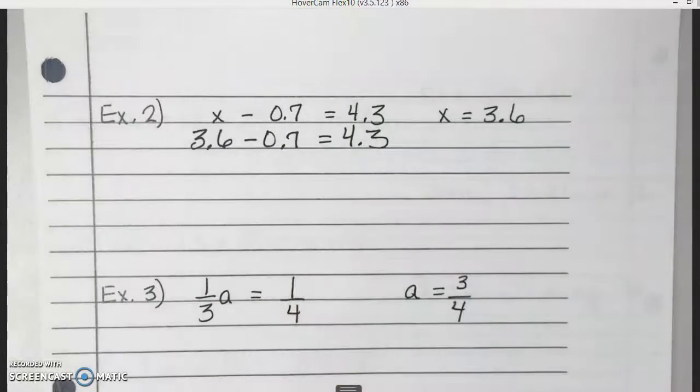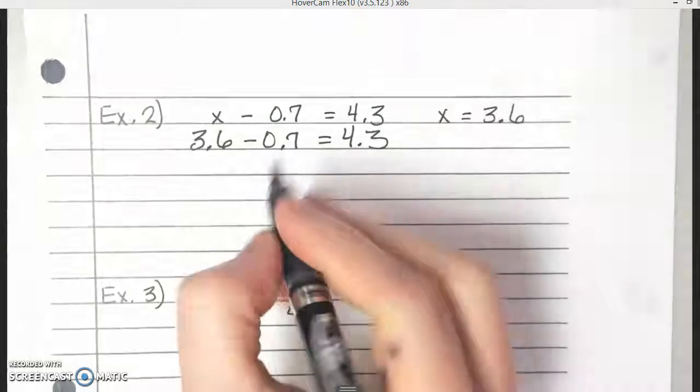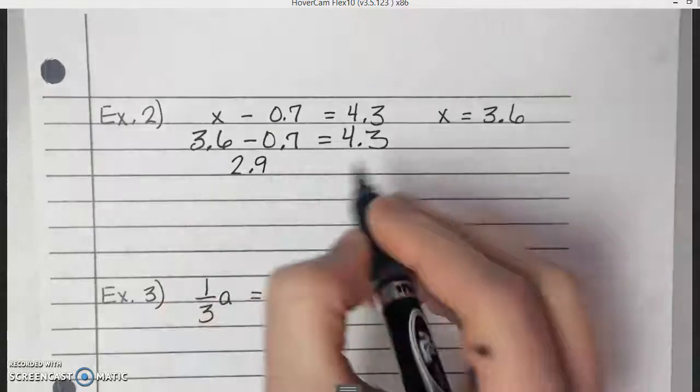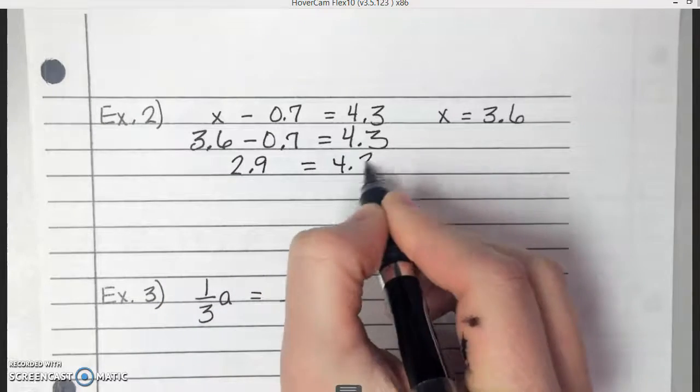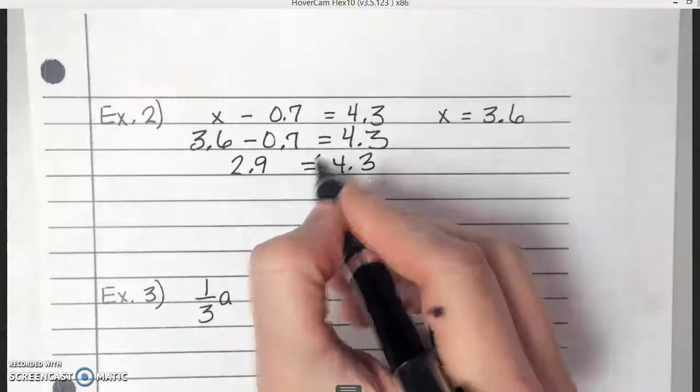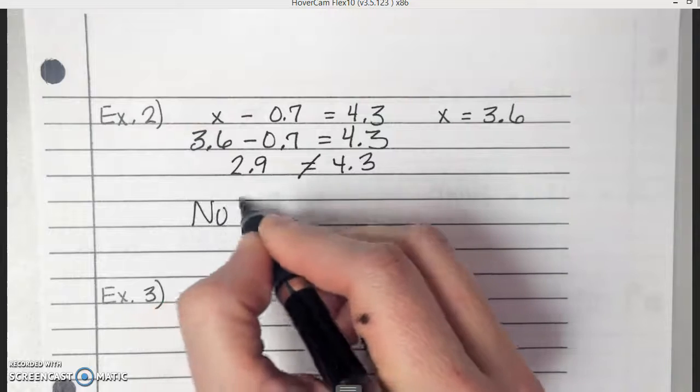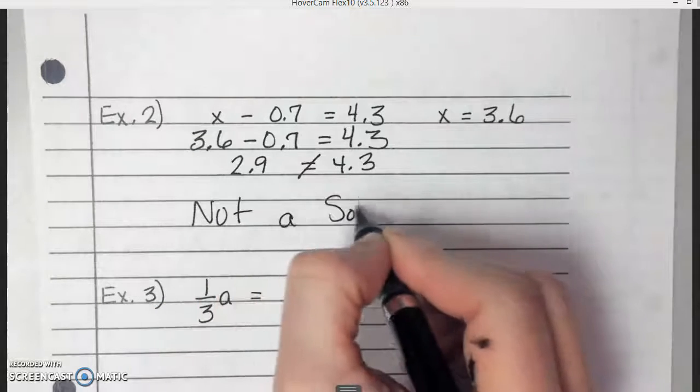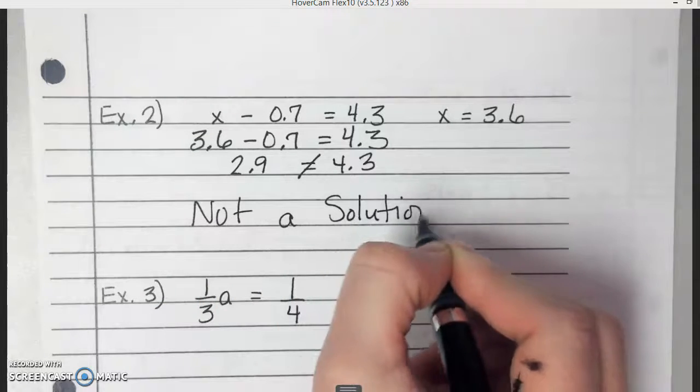Make sure you're writing neat. Alright, so what is 3 6/10 minus 7/10? 2.9. Is 2.9 equal to 4.3? No. So that means this is not a solution.